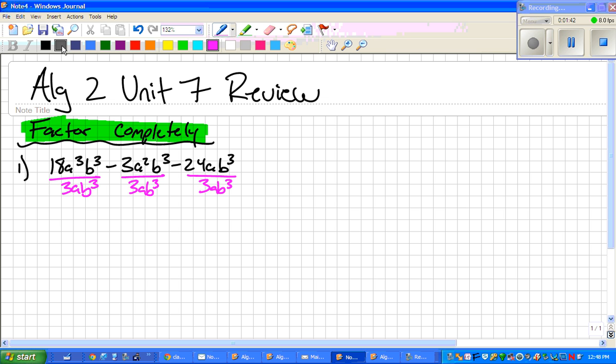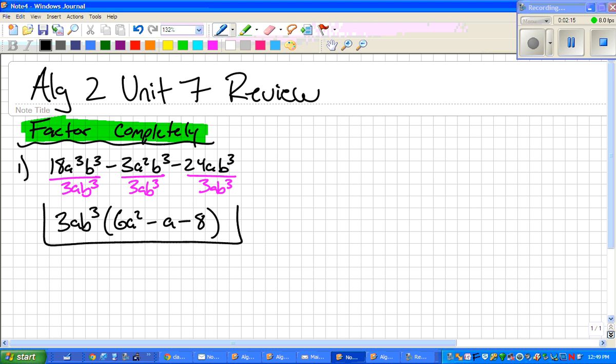So the GCF would be 3AB cubed, and then what's left over would be 6A squared minus A minus 8. Okay, and that's it. We cannot factor it any further.